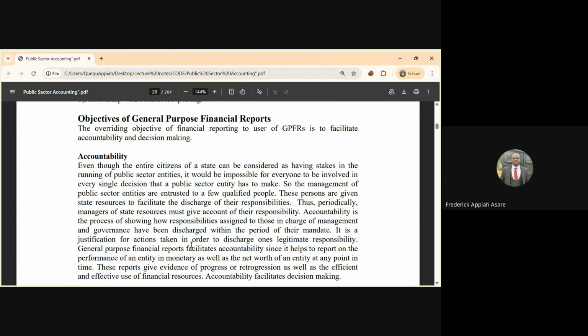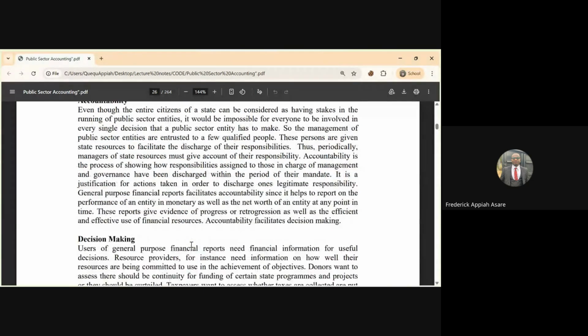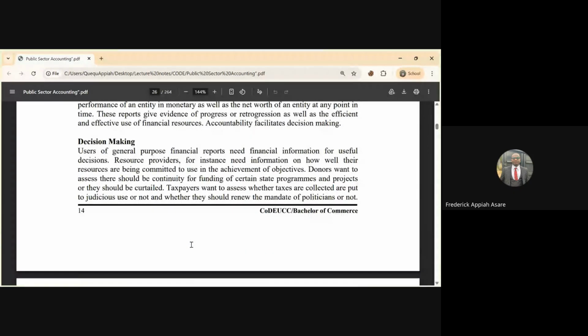You have given them things to keep for us, to take care of, so they will come and give us accountability. They have to be accountable for whatever was handed to them. And also decision making, based on the annual report or the financial statements that will be released. We will use them to make decisions.